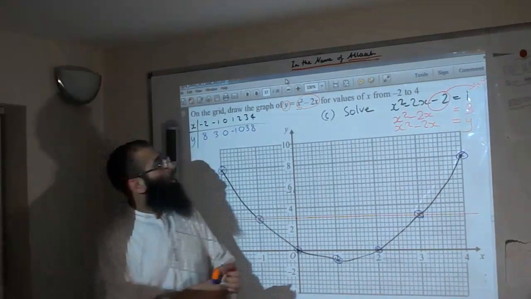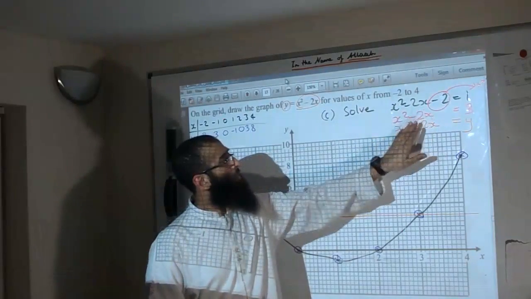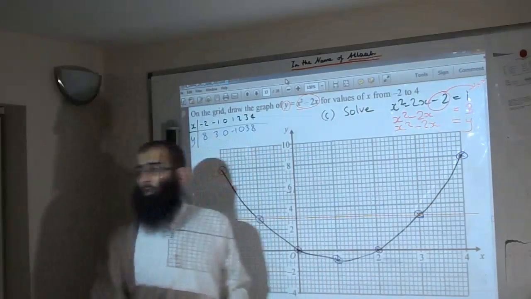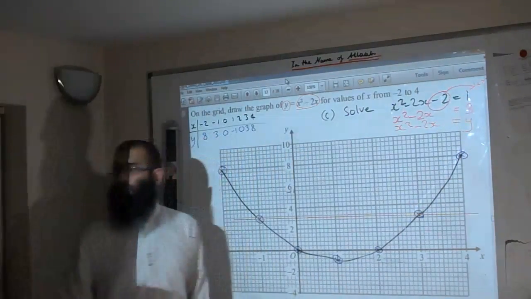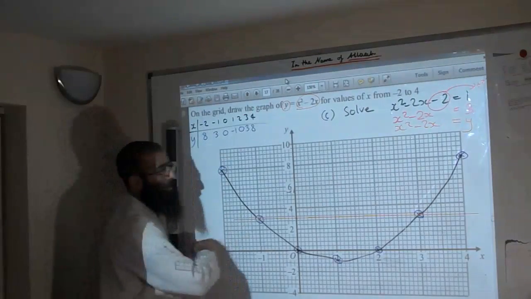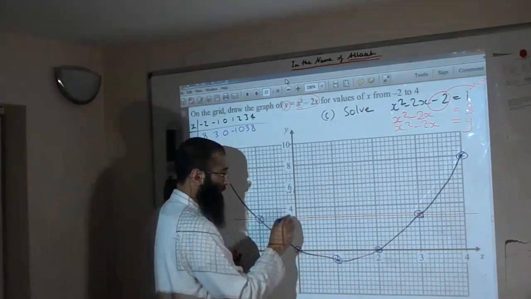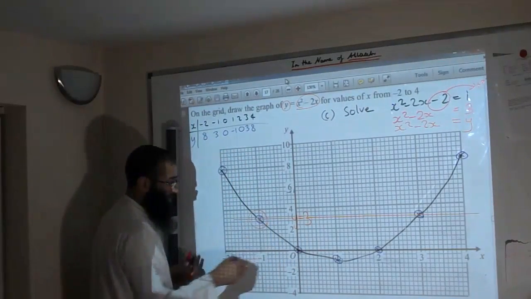They've transformed it: rather than this graph being equal to y, if you rearrange it, it becomes x squared minus 2x is equal to 3. So we want to find out when this curve is equal to 3. The best way to do that is to draw a straight line which has the value of 3 and see where it intersects and come straight down.